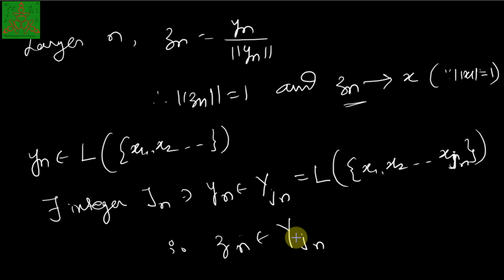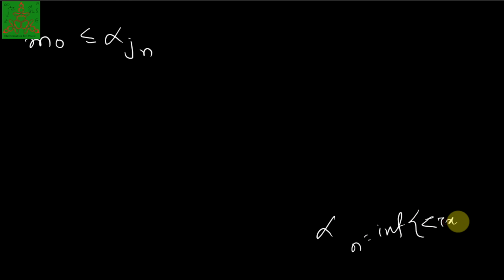and by taking a limit, what we have is m0, which is less than or equal to alpha jn. What is alpha jn? By definition it is the infimum of inner product of Tx, x.